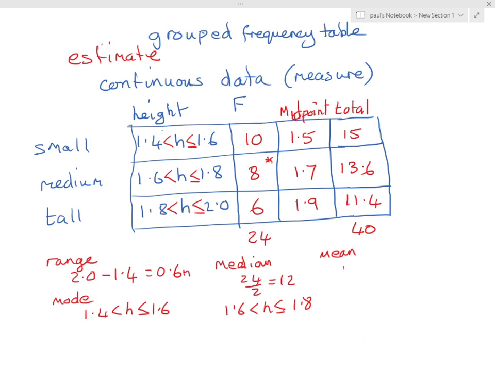So to find the mean, 40 divided by 24 is 1.6 recurring. So the mean height of all these people is 1.6 recurring meters. Yeah, which looks about right because it's somewhere in the middle. Right. Okay.